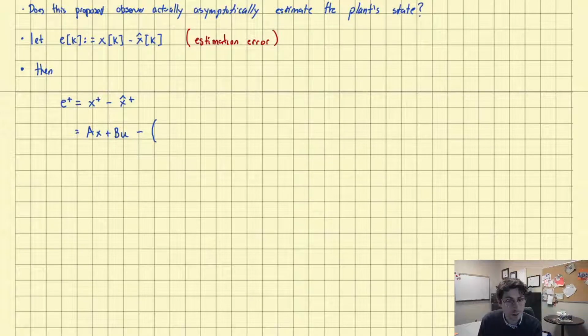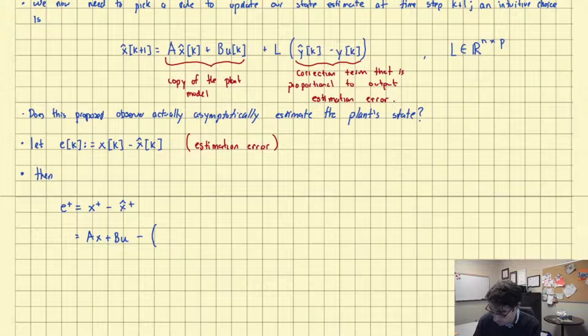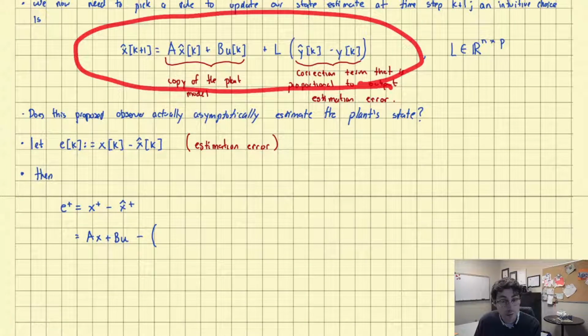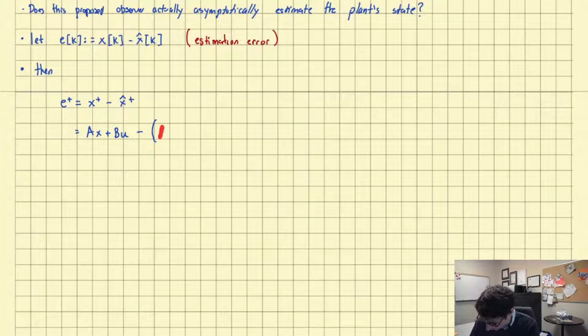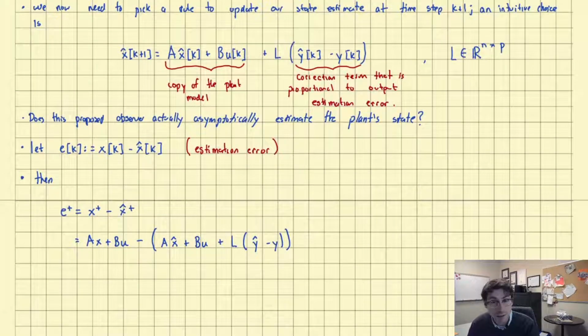Our observer evolves according to this choice that we've made. So I'm going to plug in x plus and x hat plus into my equation down below. So we will get A x hat plus Bu plus L (y hat minus y). I just plugged in the expression for the next time step.